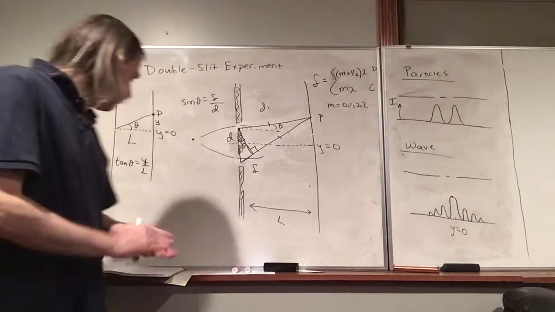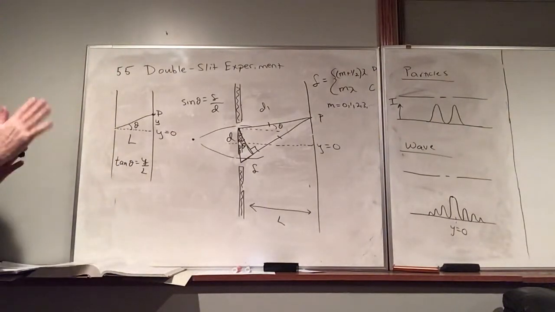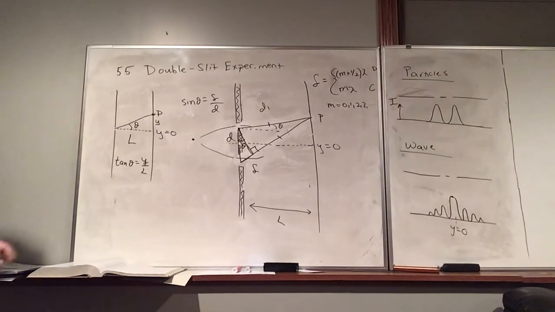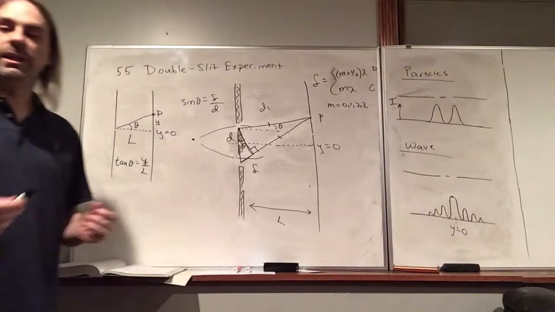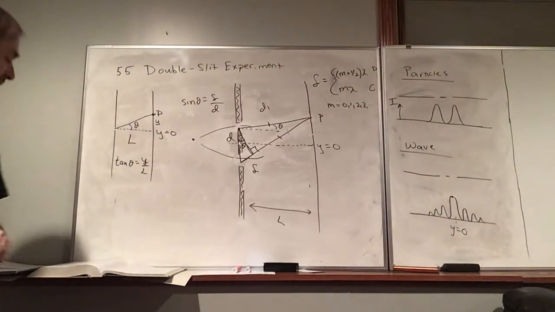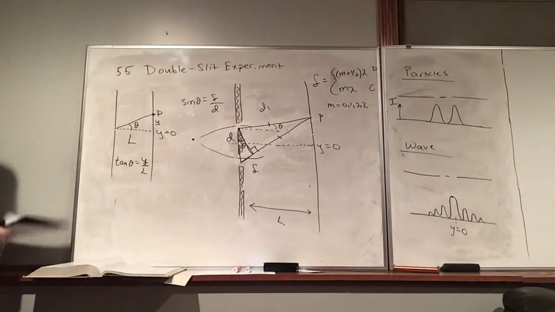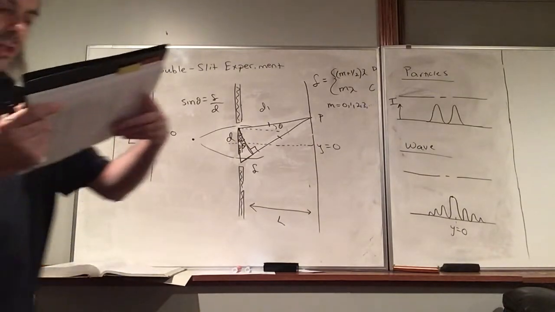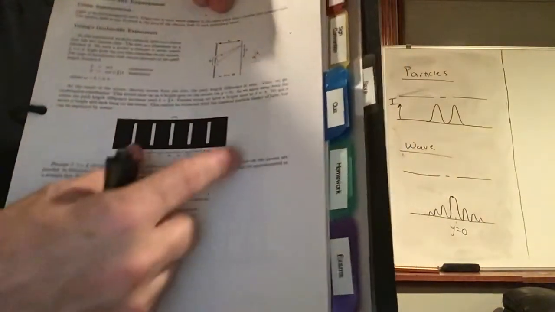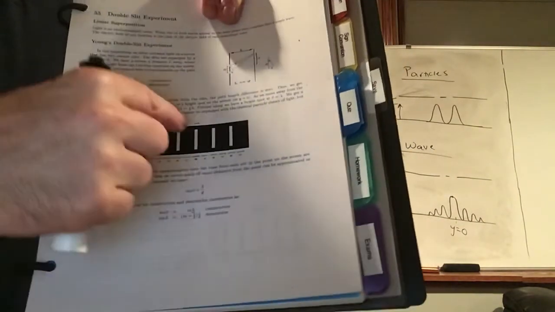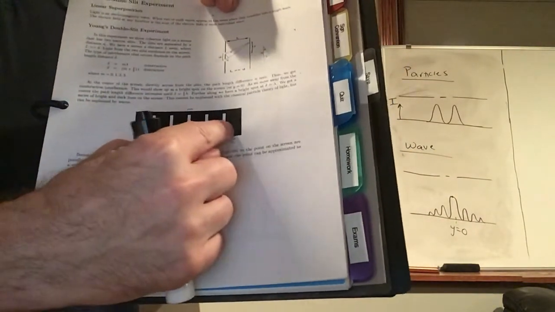But we'll do a few problems during the review, but this is the basic idea: determining where on the screen we're going to get whatever type of interference. Actually, let me show you a picture. This is kind of what it would look like if you were actually shining light on a screen. You get constructive interference here and destructive in between.